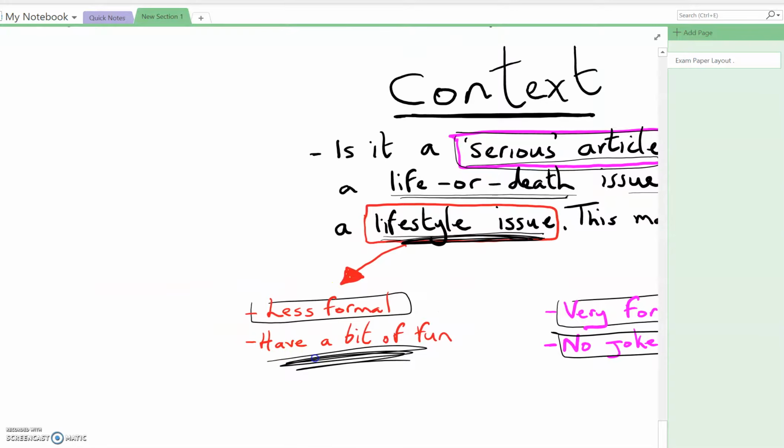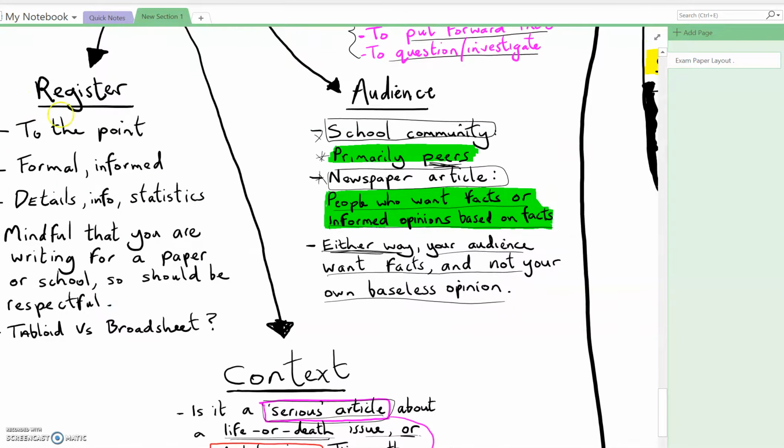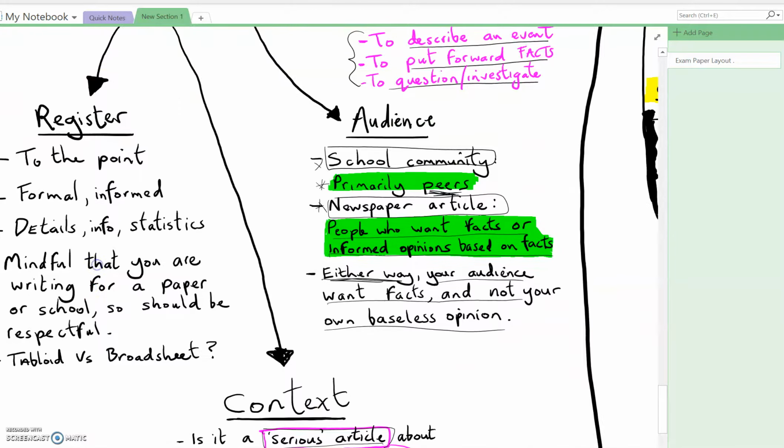Now, finally, then, when it comes to newspaper articles, the register, what language should you use? And you can really see how this is all connected when it comes to newspaper articles. Everything is connected to what are you writing about and who are you writing for. But regardless, your writing should be to the point. You shouldn't have waffle in there. You should just stick to the point. It should be formal, relatively formal.